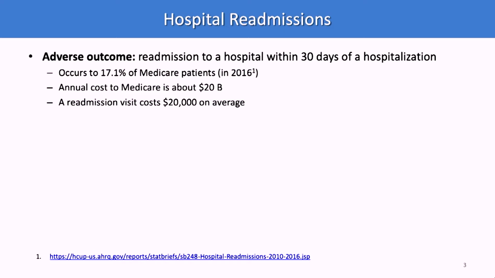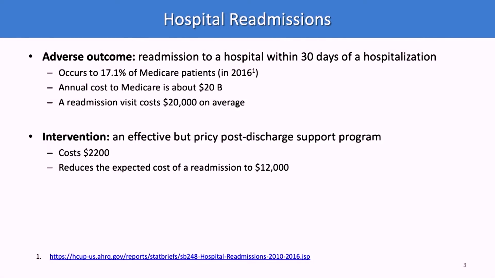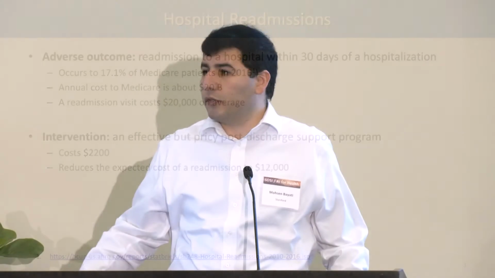Now, because of these incentive changes, and the fact that hospitals became interested in taking action, a series of potential interventions have been introduced, called post-discharge support programs, for example. It could be a telehealth solution that monitors patients' symptoms when they are at home, or creates a channel between patients and nurses so they can communicate if there's a problem.